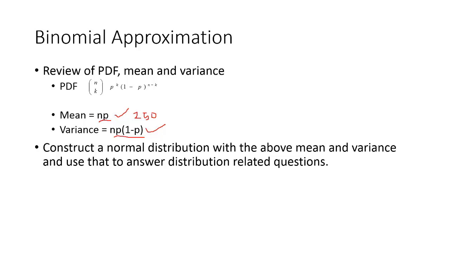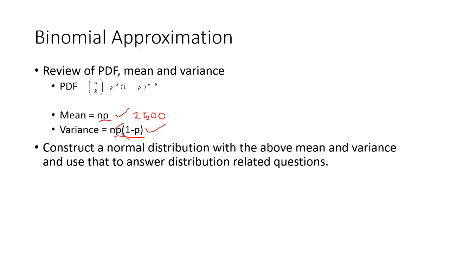And your variance you'd similarly calculate by plugging in n equals 5000 and p equals 0.5. Once you do that, you can construct a normal distribution with these parameters, and you can answer questions like what's the probability of there being more than 2100 heads, or what is the probability that the number of heads will be between 2000 and 2500 out of 5000 tosses.